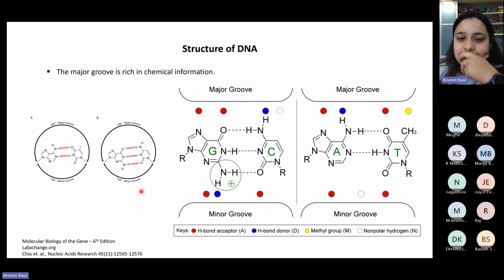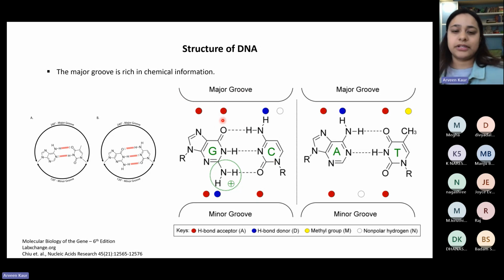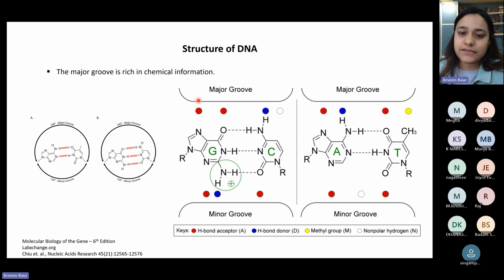So over here, we can see that when we talk about the major groove, in case of G and C, there is a particular signal or signature that is present, right? When G is bonding with C, in this particular orientation, where G is on the left and C is on the right, or G is on the positive strand and C is on the negative strand, it will have a specific kind of signature.